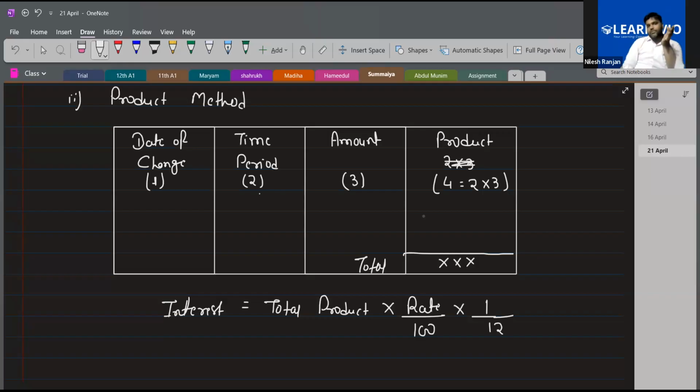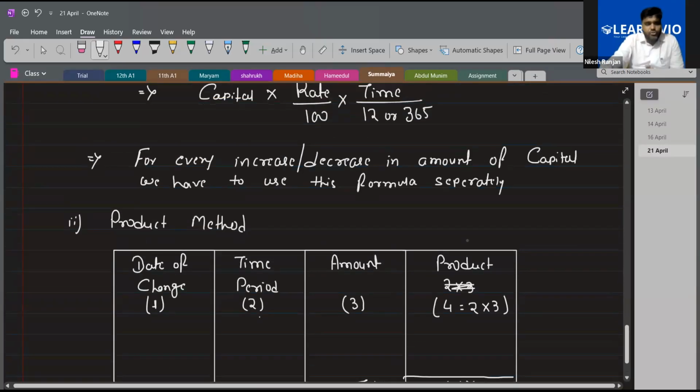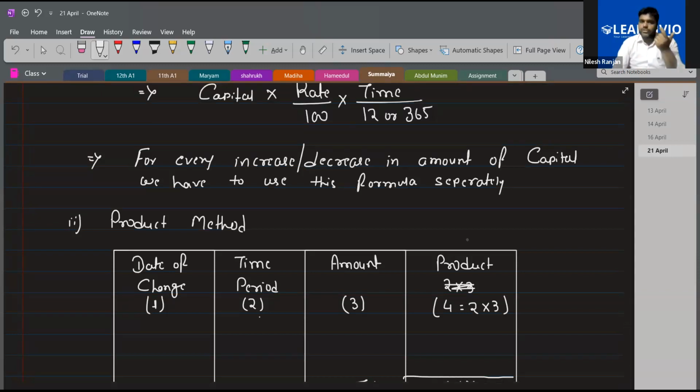So that's why it is confusing, and there may be some mistake in calculation. So the product method can be used. But whatever you think is easy, you can use that. There is no necessity of using this product method. So you can use the simple method if you think the simple method is easy.